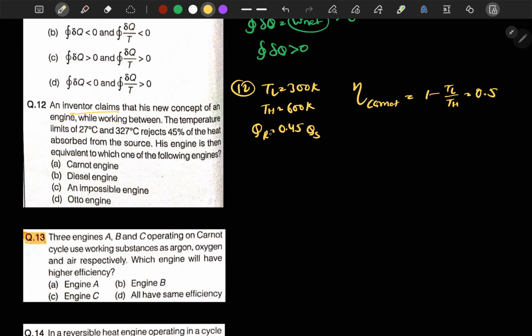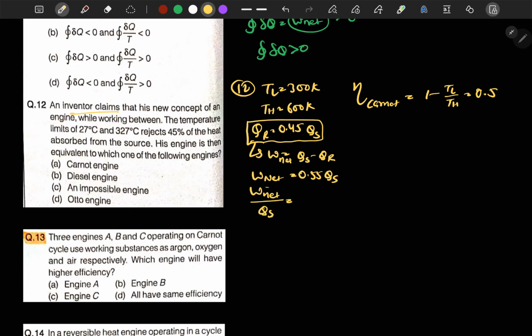Now since it is given that QR is equal to 0.45 times QS, the net work done is equal to QS minus QR, which is 0.45 QS removed from QS, so this will be 0.55 QS. From here we get W net by QS, which is itself the efficiency, equal to 0.55.